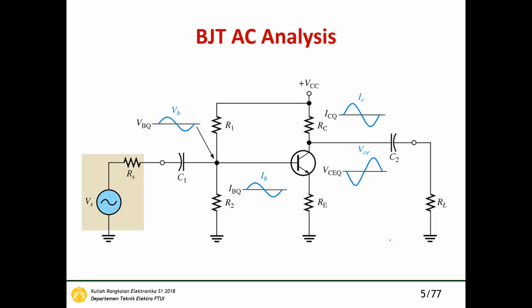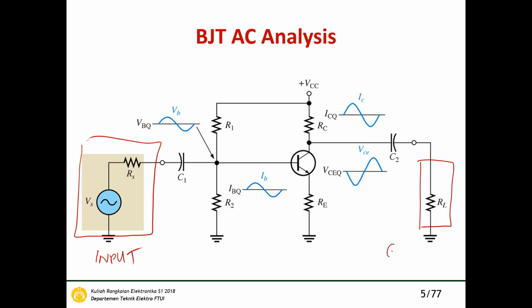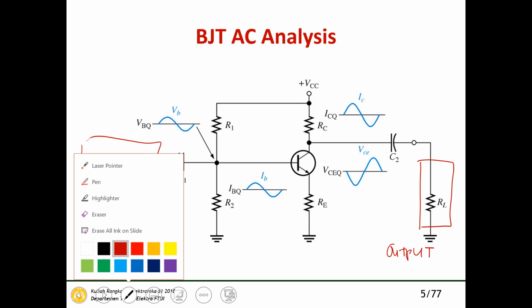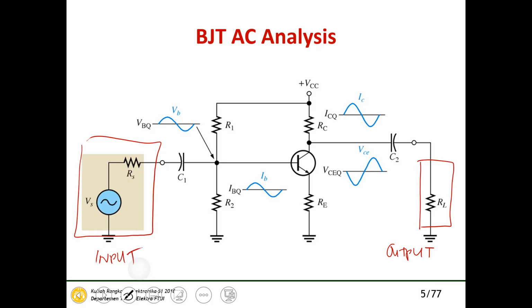Okay, so this is the example. We have the input here, and this is the output here. This one is an amplifier, a BJT amplifier.